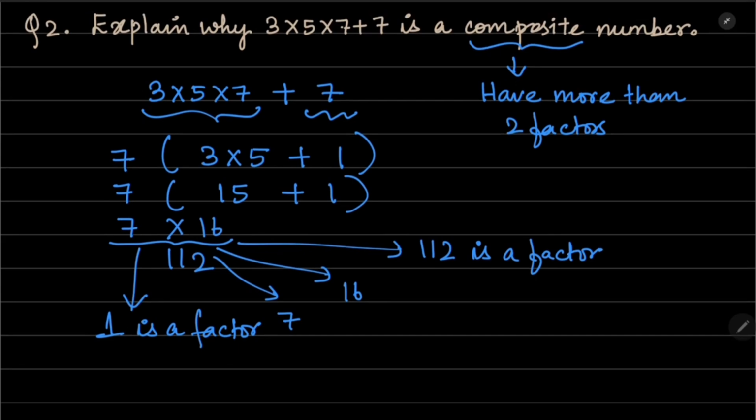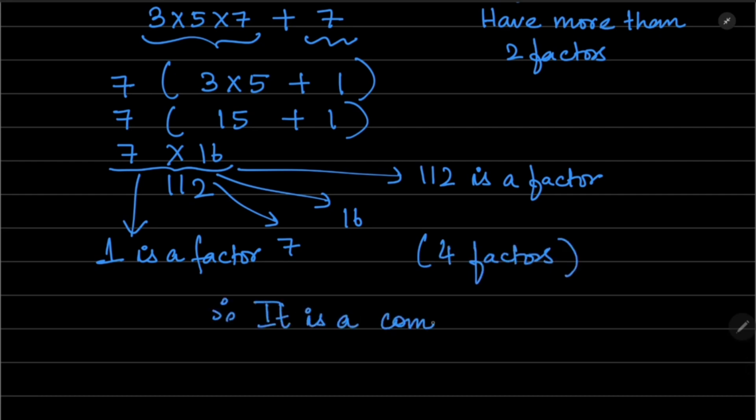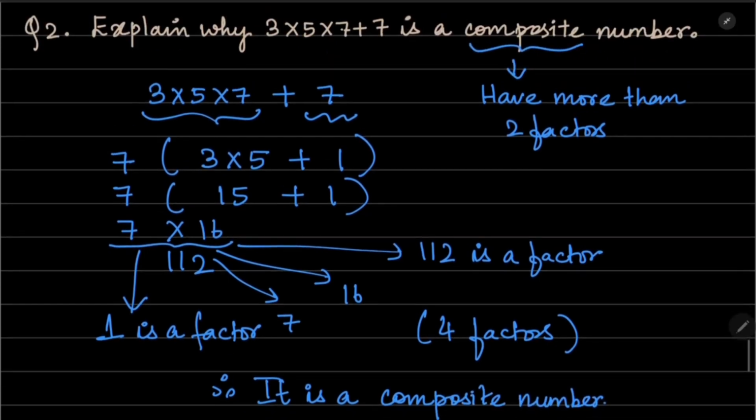So you have more than 2 factors here. By default we are able to write down 4 factors. Therefore it is a composite number. So this is how you'll have to express it.